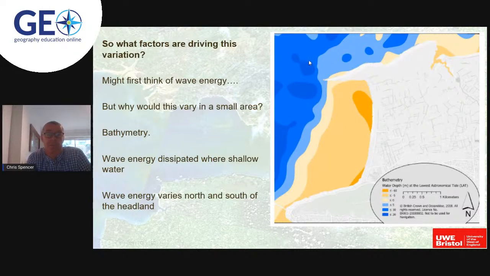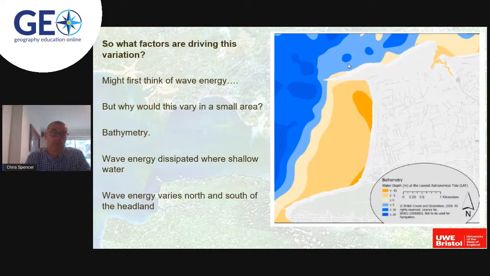Another part of the same wave that's tracking towards this coast, but that moves into the more northern part of the site, north of the headland, doesn't experience the same shallow water. We have very little of the oranges and beige colors here. So that same wave, with the same amount of potential energy, tracking towards the north here, stays in deep water, keeps traveling quite quickly, maintains its energy, and then breaks onto the shore.